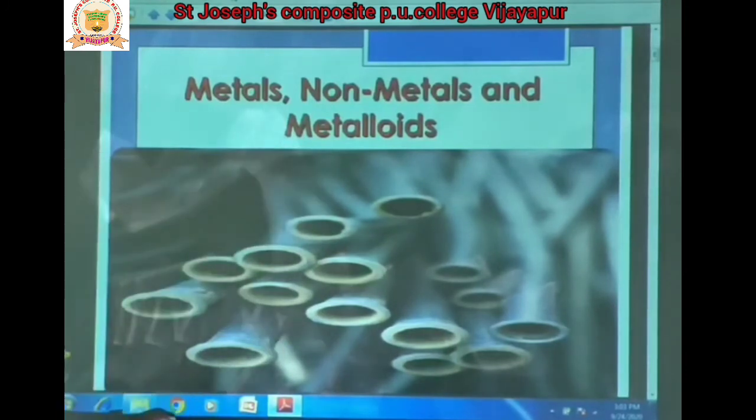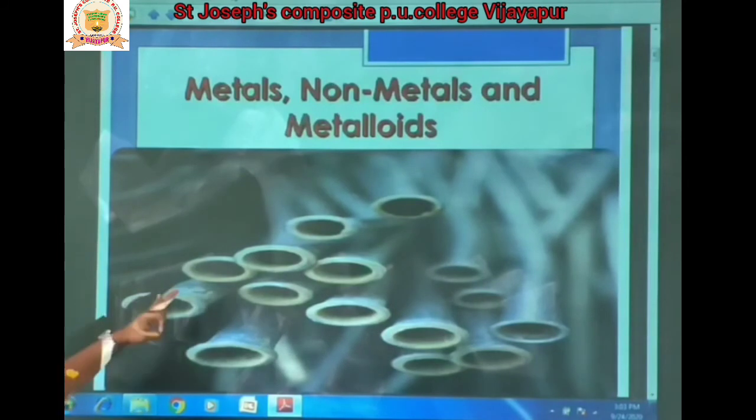All the S block elements and the D block elements are metals, and in the P block also some elements are metals. The P block consists of metals, non-metals and metalloids. Let us see the difference between metals, non-metals and metalloids.